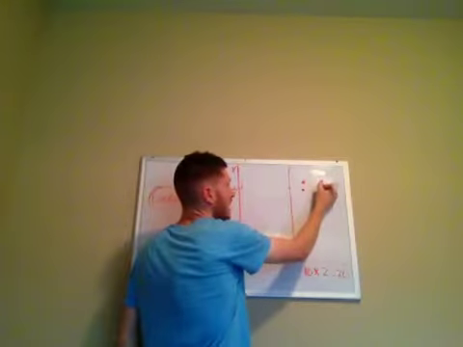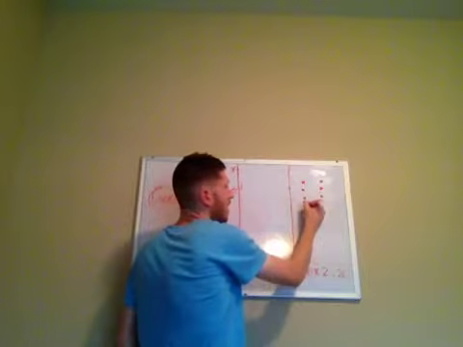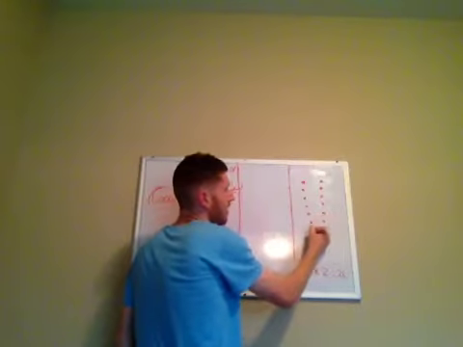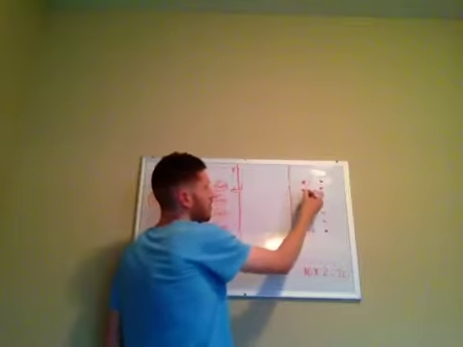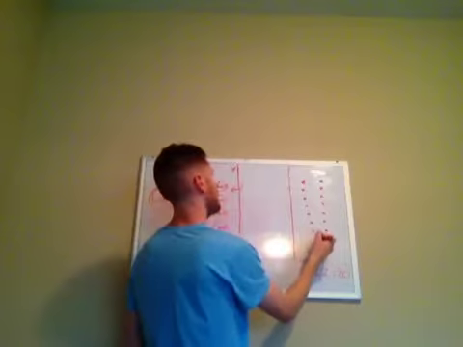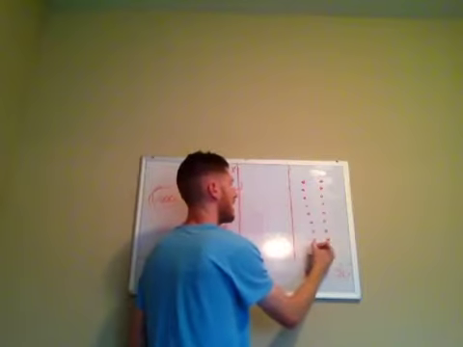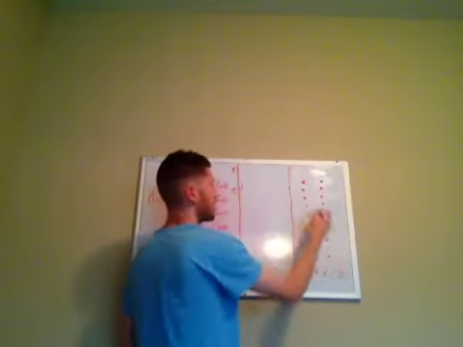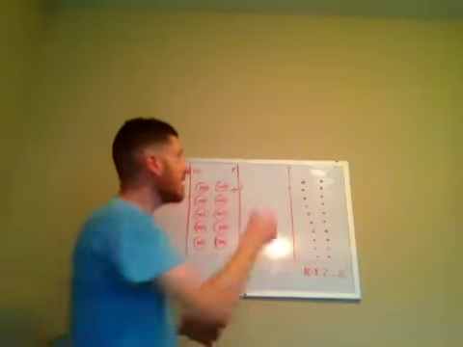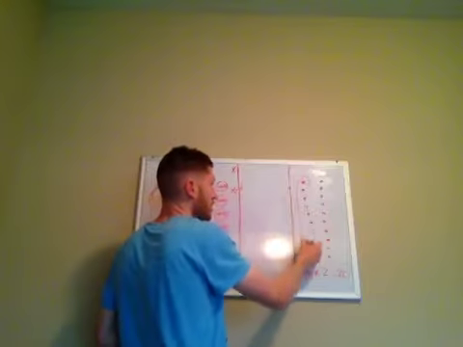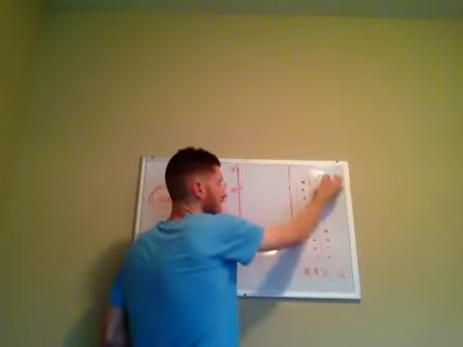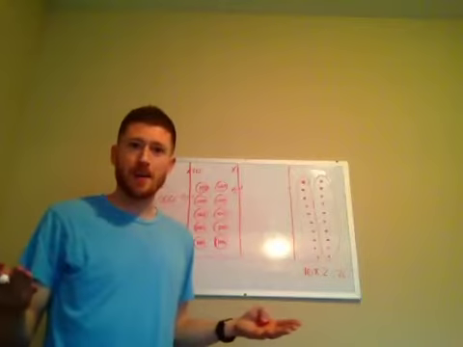Let's draw another set, and another, and another, and another, and another, and another. 2, 1, 2, 3, 4, 5, 6, 7, 8. I think that's 7. 8, 9, and 10. So what I'm going to do here is show my groups of 10 by circling them. Just like this. One group of 10, 2 groups of 10. Well, wait a minute.